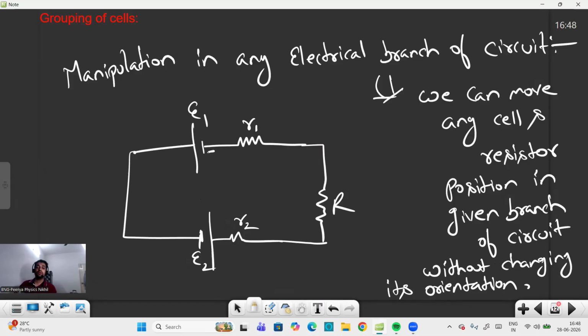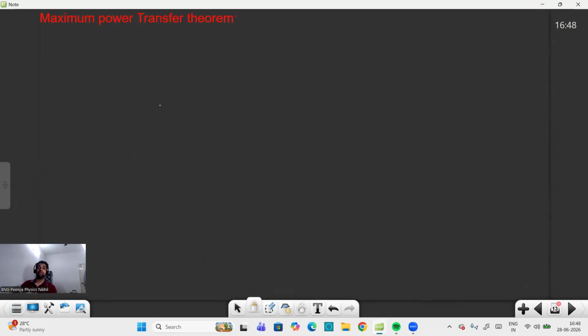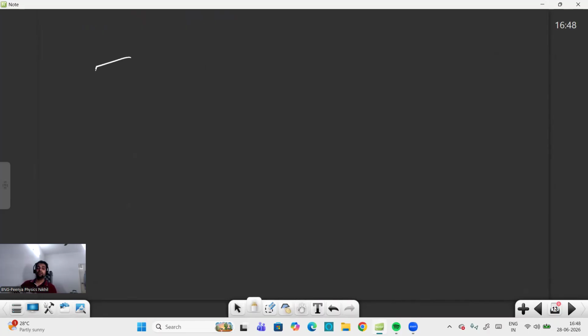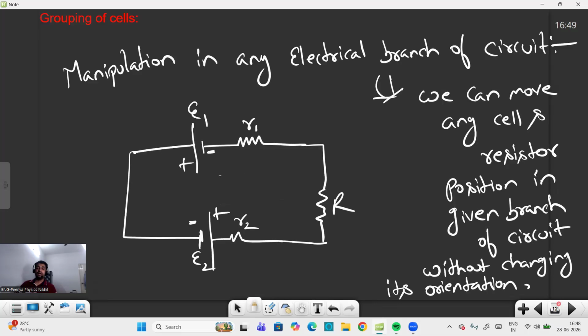So you see here minus, plus, minus, plus. How can I change the position? We can write here minus, plus, and minus, plus. Just try to understand here: I have not changed the orientation. So this plus is coming this way, and this plus is also in this way.